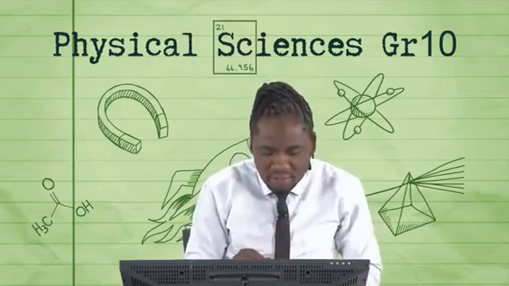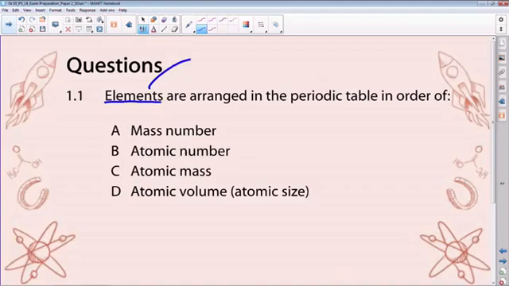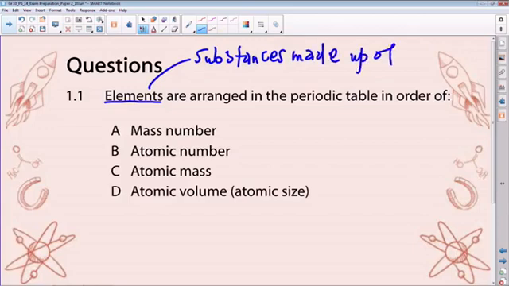So we know that an element is made up of atoms of the same kind. Elements are substances made up of atoms of the same kind, okay? Of the same kind.